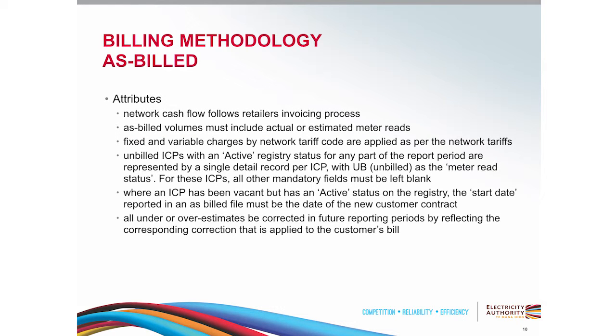There are some attributes that are noted in here, but we won't dwell on those at this time. But basically, anything that's active in the registry and billed by the retailer is within that file. Under and over estimates are corrected in future reporting periods by reflecting corresponding corrections applied to the customer's bill.